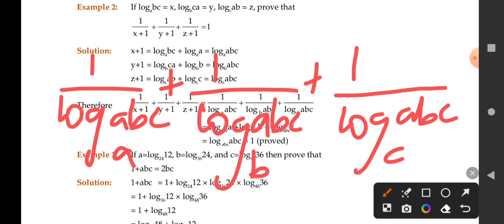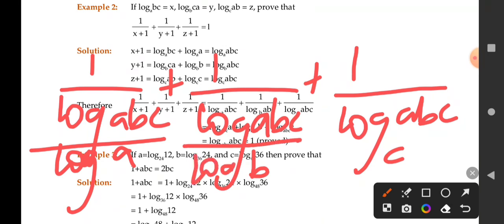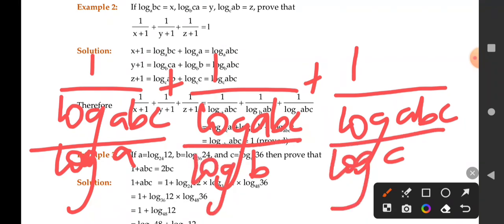Now change of base, so divide by logs, correct, and flip the equation, and when you add these three, you can multiply A into B into C. So we get same numerator and denominator, which becomes equal to 1.